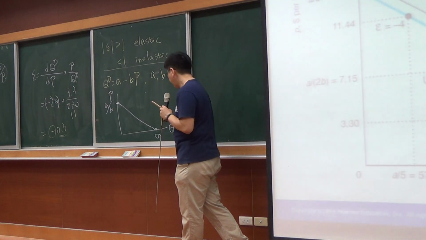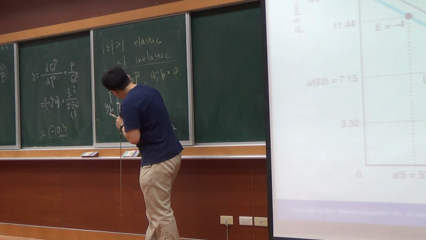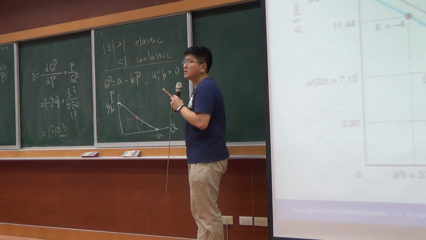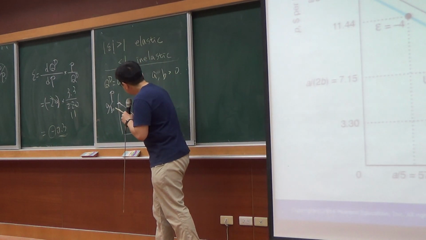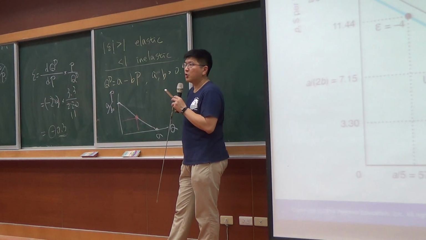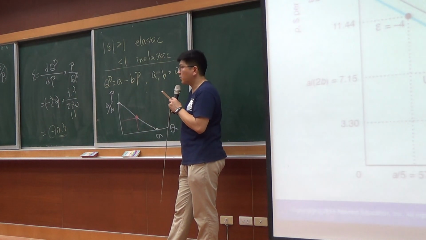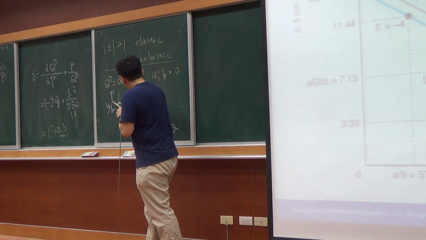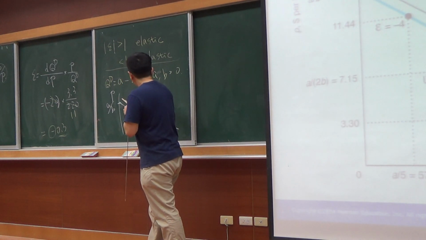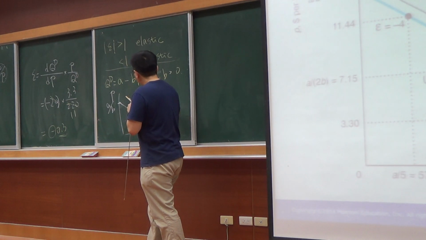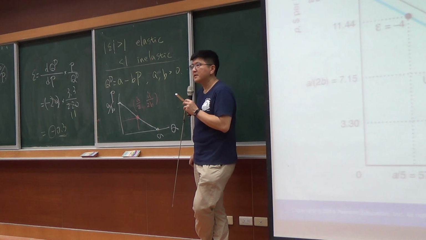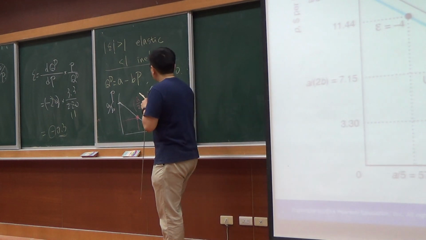Okay? And what do you think the coordinate of the midpoint is? This point will be A by 2 and A by 2B. Is that right? Right? Okay.